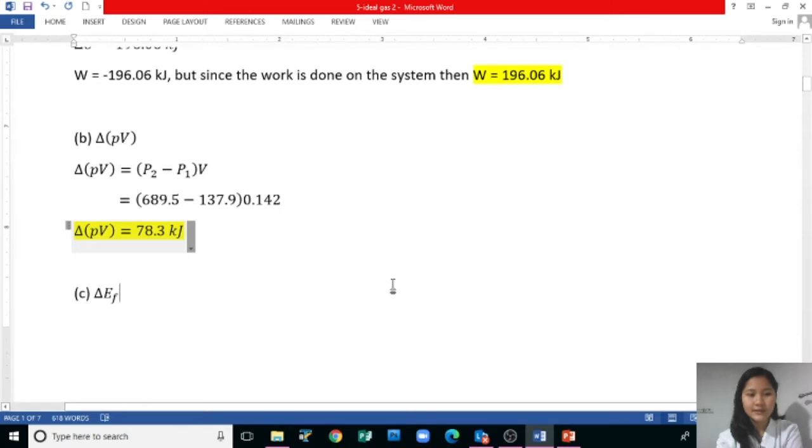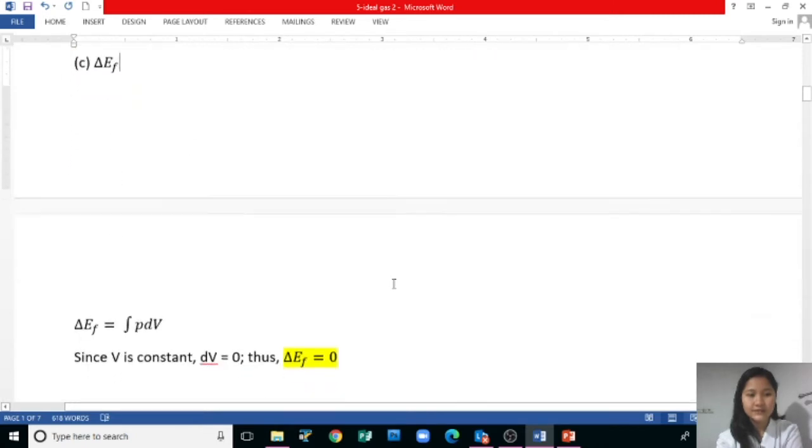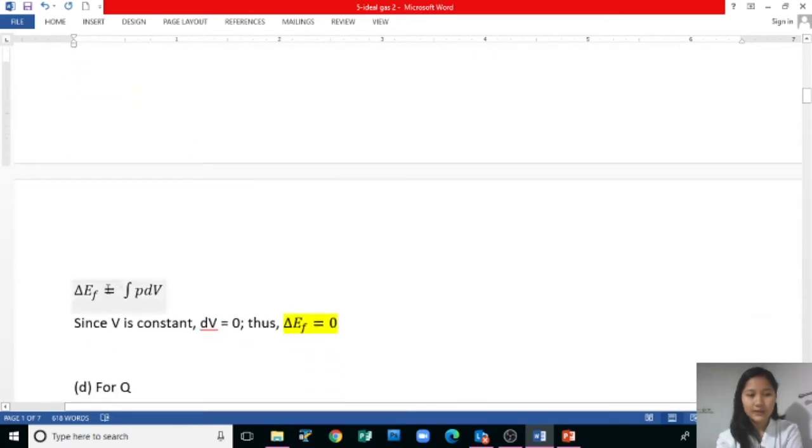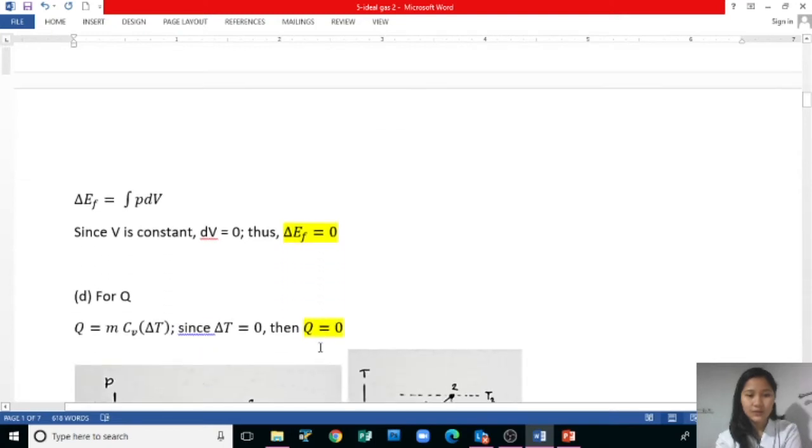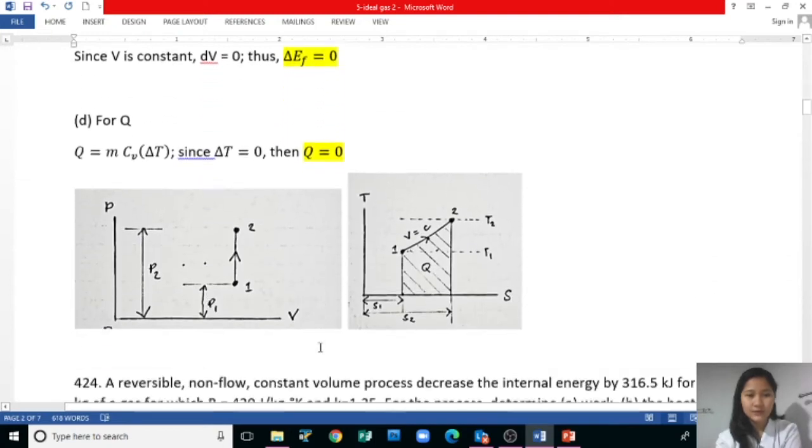Now for the efficiency, the formula is equal to the integral of P dV. Since V is constant, then the derivative of V is equal to 0. Thus, the efficiency would also be equal to 0.